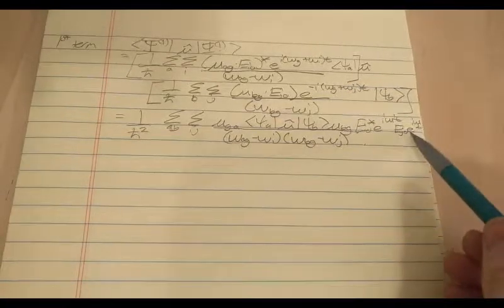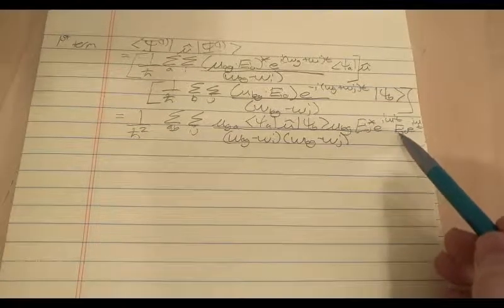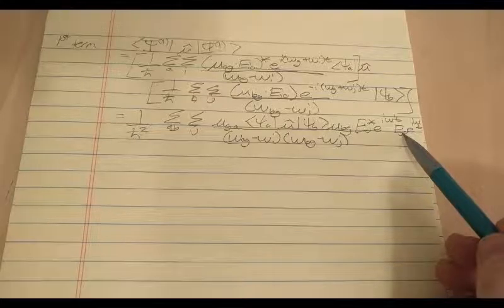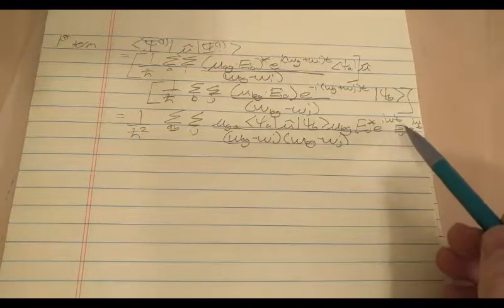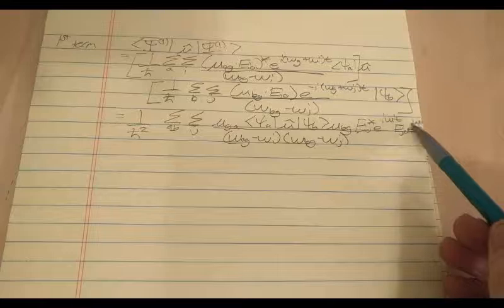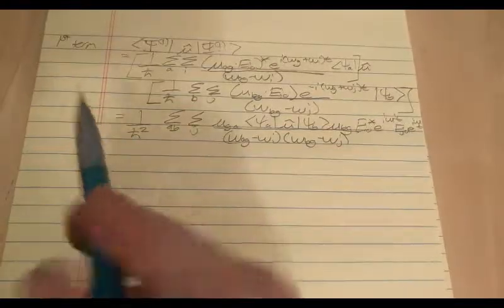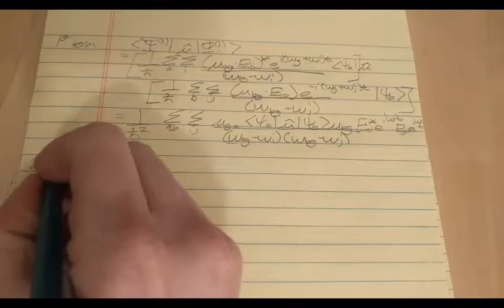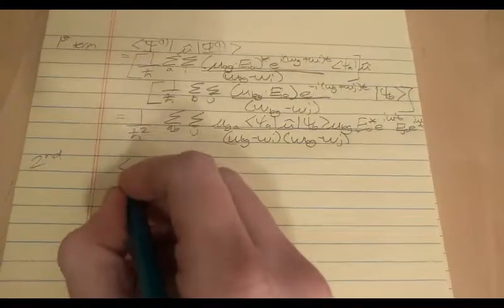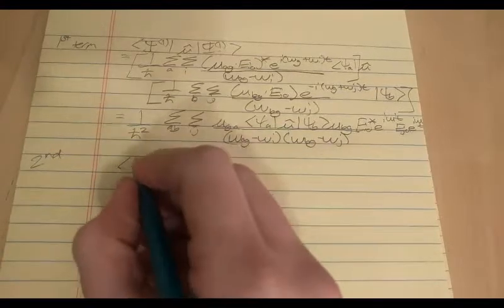Sorry I couldn't write everything over here, but this is just the electric field at frequency J, so E_j naught e to the i omega sub j times t. So one term down, two to go. Now we will solve for the second term.